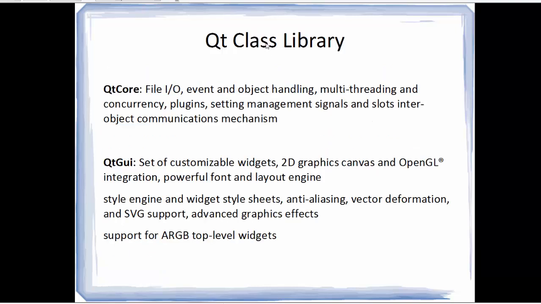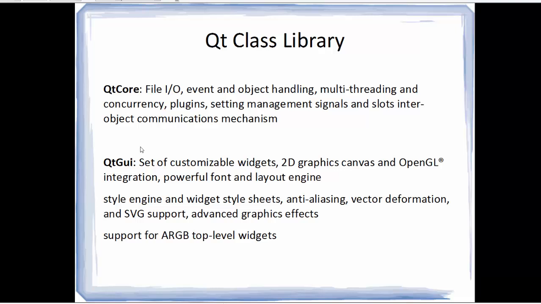Now let's talk about Qt libraries. So there are two major Qt libraries: Qt core and Qt GUI. Now in Qt core you will get file IO, event and object handling frameworks, multi-threading or concurrency frameworks, plugins, and setting management like slots and signals, and many other frameworks or mechanisms which are part of Qt core.